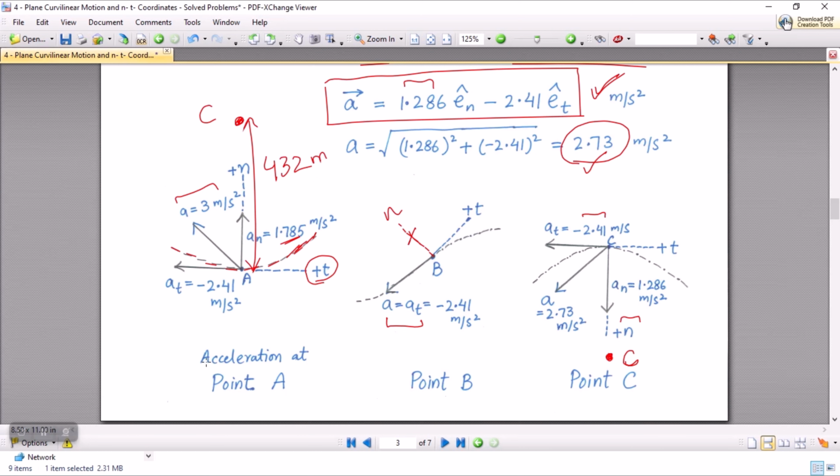So that should be the radius of curvature. This distance from C to this center of curvature is given to us as 150 meters, right? So it means that at point A, the curve is part of a big circle having a radius equal to 432 meters, and at point C, the curve is part of a big circle having a radius equal to 150 meters, right?